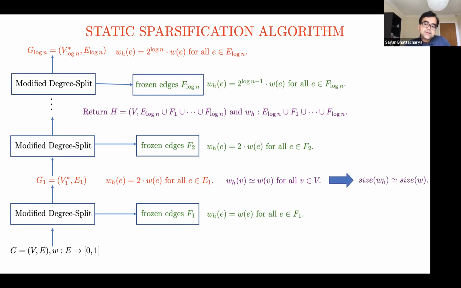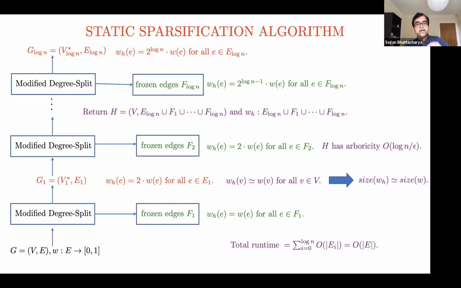And this means that the size of the output fractional matching is very close to the size of the initial fractional matching. And finally, each of these frozen sets, F1, F2 until F log n, has arboricity 1 over epsilon. So their union will have arboricity at most log n over epsilon. So the output graph H is also locally sparse. It has small arboricity.